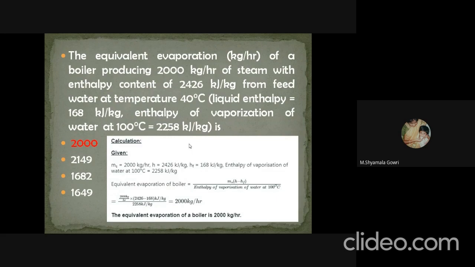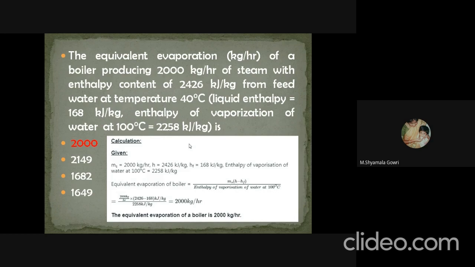So next question is, the equivalent evaporation in kg per hour of a boiler producing 2000 kg per hour of steam with an enthalpy content of 2426 kJ per kg from feed water at a temperature of 40 degrees Celsius. Liquid enthalpy is equal to 168 kilojoules per kilogram.